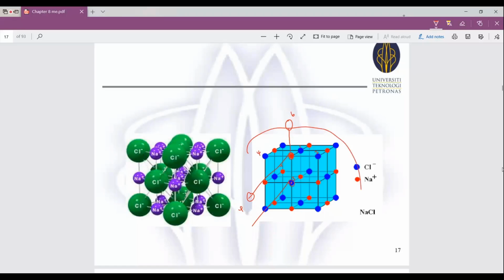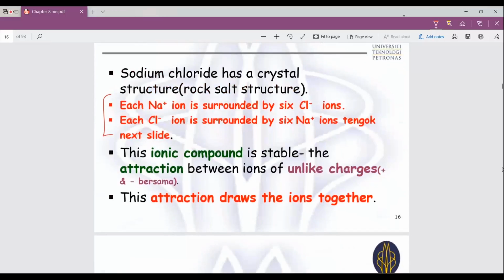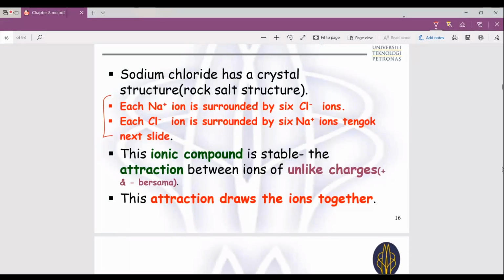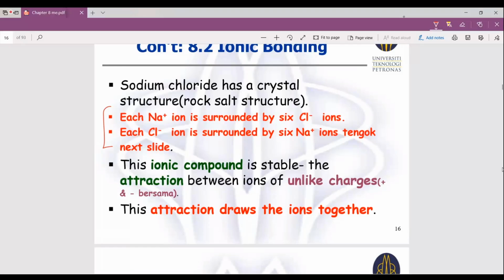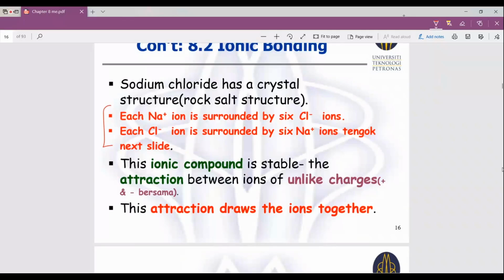This shows one unit cell. They have hundreds, even thousands of unit cells of NaCl. Okay, this ionic bond is stable because there is an attraction force between the ions of unlike charge, positive and negative.